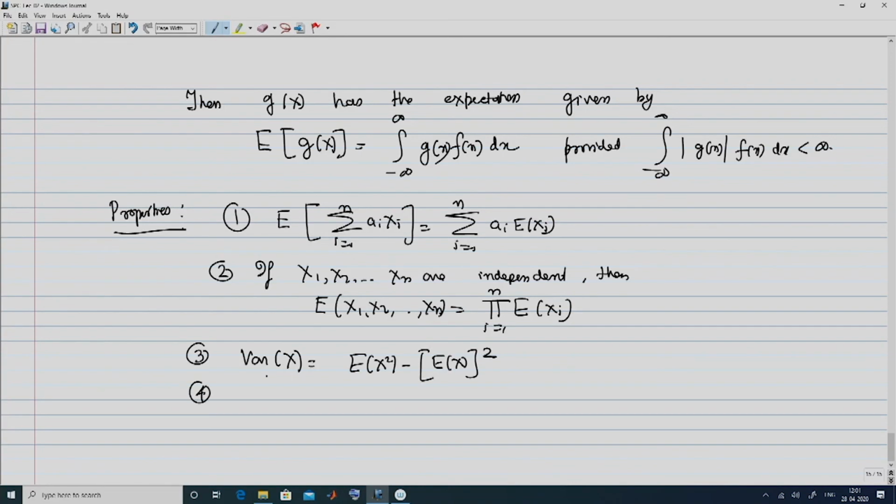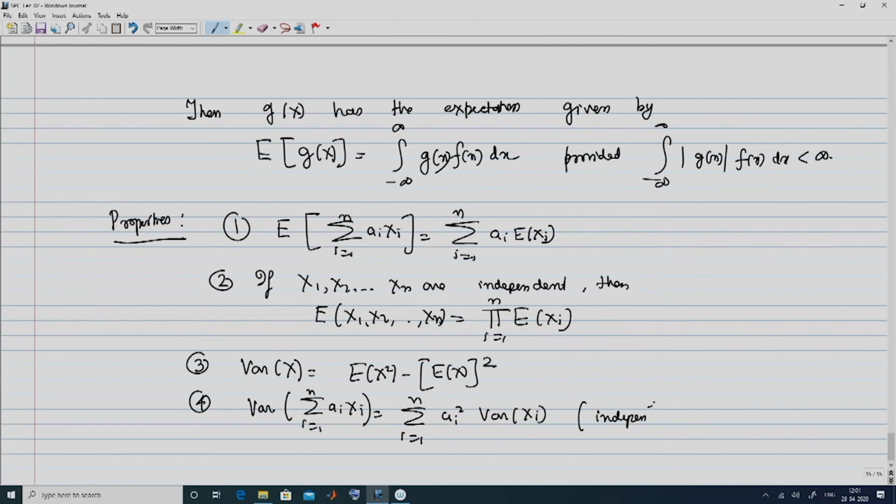The fourth property is that variance of summation a_i X_i, i equals 1 to n, is summation a_i square variance of X_i for independent X's.